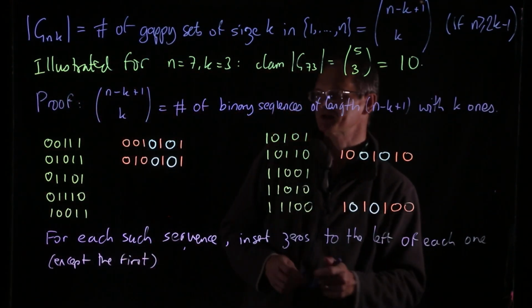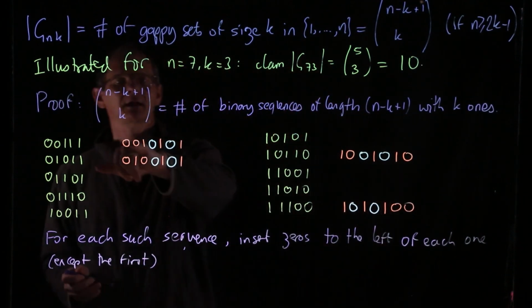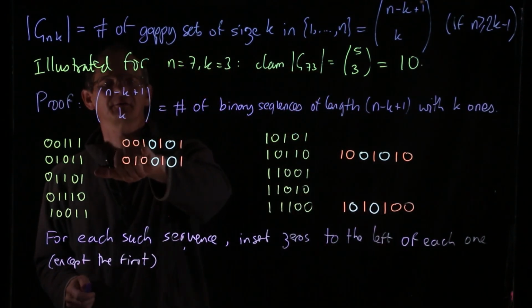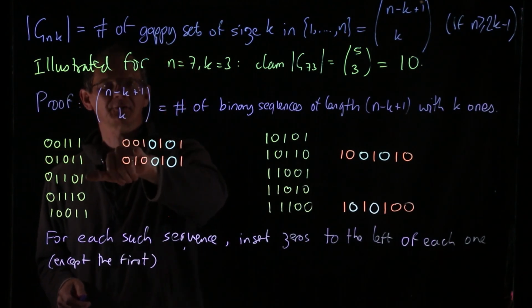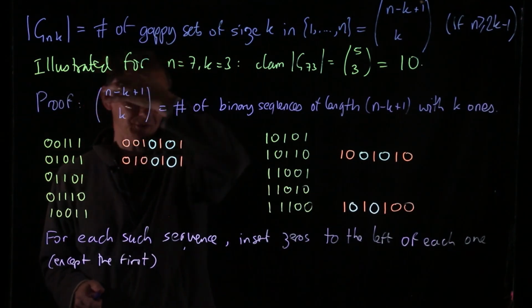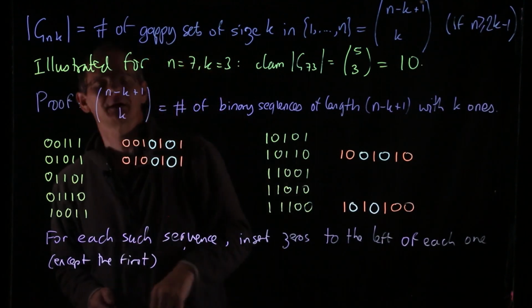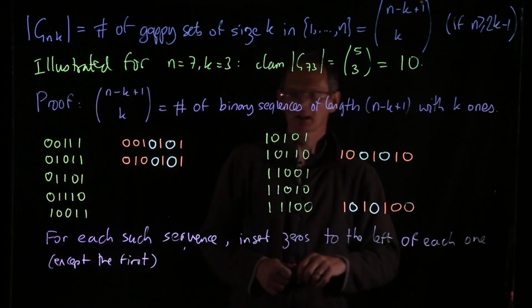We don't need to insert a 0 to the left of the first one, because there are no other ones to the left which could be adjacent to it. You only have to do that after the first one.